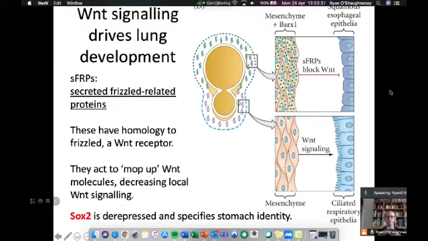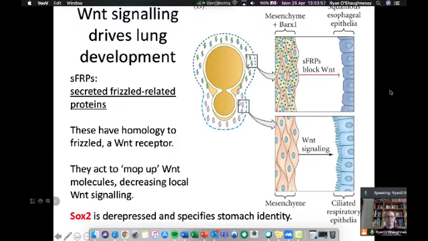In the presence of Wnt signalling, these epithelial cells get specified to become ciliated respiratory epithelial cells, and this is due to the presence or absence of SOX2.